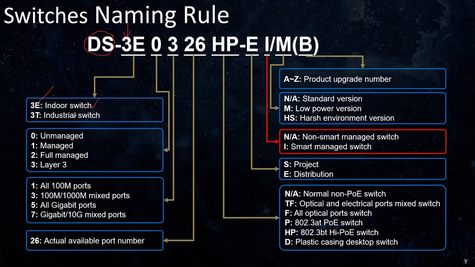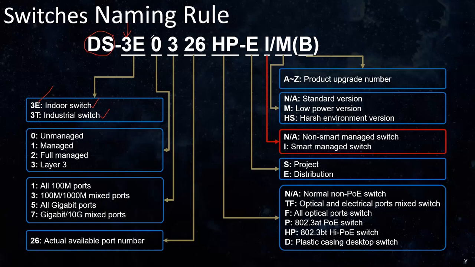But if it has a T, it is most probably an industrial switch, built to sustain the industrial environment. So the first thing you can understand is that by number 3 it is a switch, and when it has an E, it's indoor. Otherwise, we can say it is a consumer or maybe a server room kind of switch. But if you have a T letter there, definitely it's an industrial switch built to sustain the industrial environment.